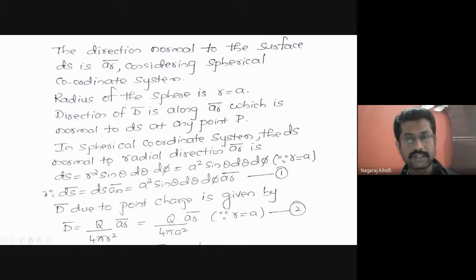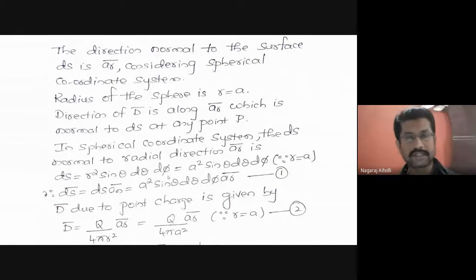In the spherical coordinate system, the area ds normal to the radial direction ar bar is given by ds is equal to r square sine theta d theta d phi. For this we have to go back to our spherical coordinate system.